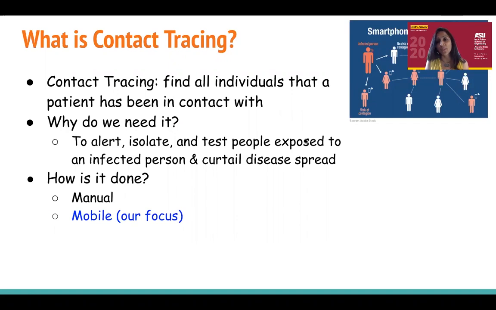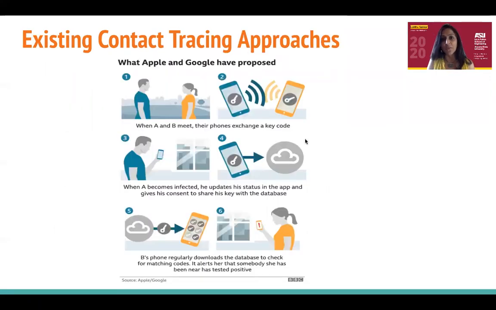And that's using smartphones. To explain how it works on a smartphone, let's look at a particular contact tracing application that's been developed and will soon be deployed by Apple and Google. So the way this works is that, say there are two parties, A and B, and they've both downloaded this contact tracing application on their phones.